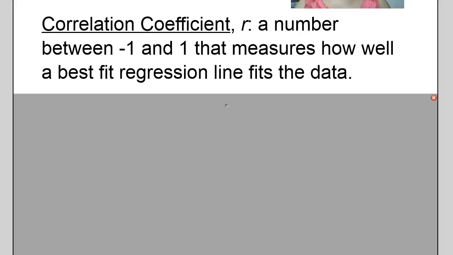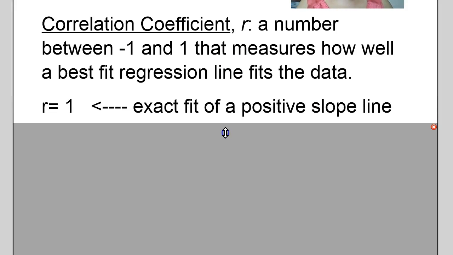Okay? So even if we find the best fit line, sometimes if the correlation is not strong or if the correlation is moderate, then that best fit line still isn't as accurate as we would like. And a way to determine how accurate the data is to a fit line is to use a correlation coefficient, which is a number between -1 and 1, and it measures how well a best fit regression line fits the data.